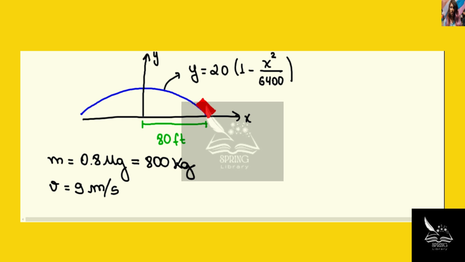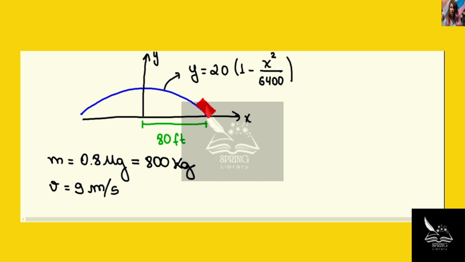Our goal is to find, when x is equal to 80 feet, here in the figure, and the car has a constant speed of 9 meters per second, what is the normal force that the surface exerts on the car, and what is the friction force that the road exerts on the wheels of the car.